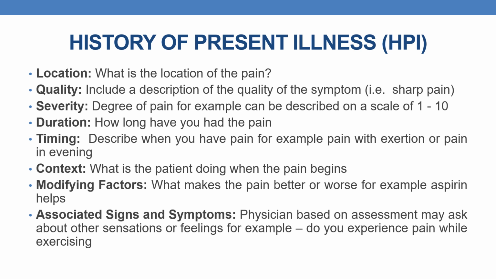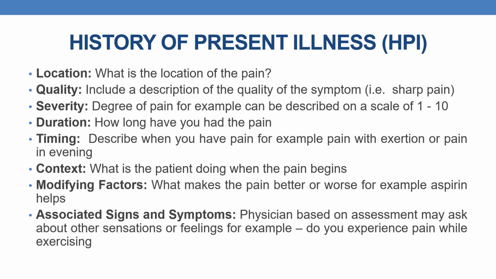Next, coming to severity. What is severity? The degree of pain. For example, that can be described on a scale of 1 to 10 is the severity. The physician describes pain as 7 out of 10, 6 out of 10, 9 out of 10. It describes the severity. 9 means severe, whereas 4 or 5 is less pain.